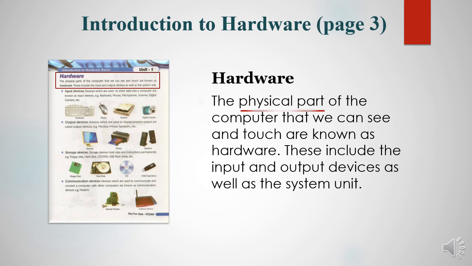All the physical parts are called hardware. What are physical parts? The parts that we can see and touch. So all your input devices, output devices, system unit, all the devices inside the system unit are called hardware because all these devices can be seen and touched.